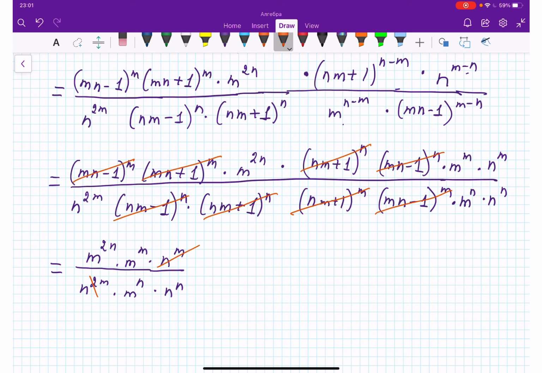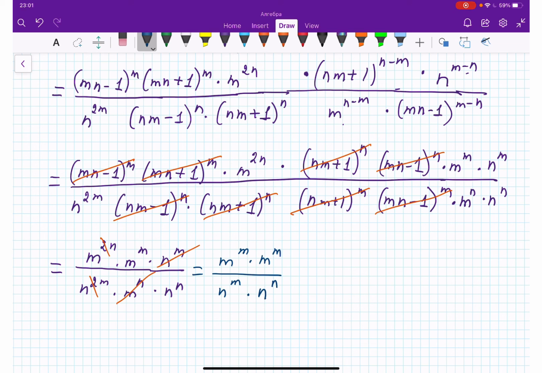I will have n^m left. m^n, this will be gone. Here the 2 goes, because 2n minus n will be 1n, so m^n will stay. And I will have m^m times m^m over n^m times n^n.